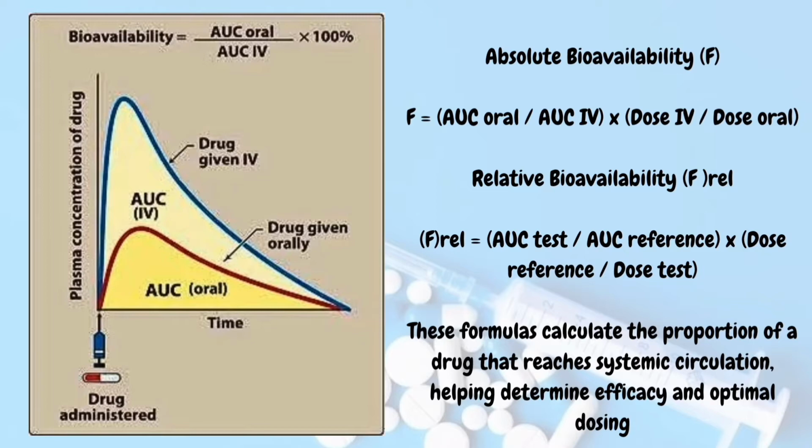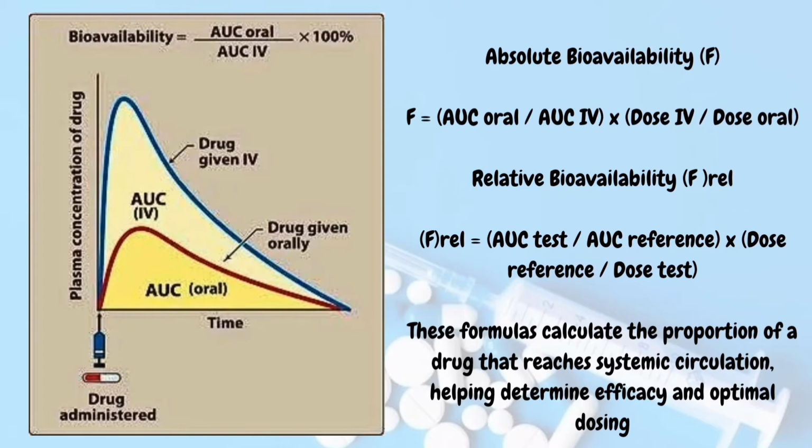We have two types of bioavailability: the absolute bioavailability and relative bioavailability. Now, the general bioavailability formula is equal to AUC oral over AUC intravenous times 100. We are comparing the bioavailability of a drug administered orally to a drug administered intravenously.